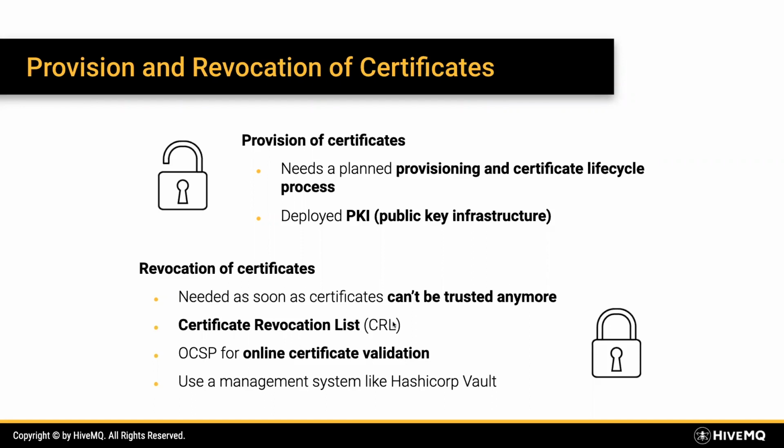But if this is not possible, you need a way to revoke certificates that are not trusted anymore. And this needs to happen as soon as possible. Two ways of doing that are certificate revocation lists, often called CRLs, or OCSP, the Online Certificate Status Protocol. And I would suggest using a system for that, like HashiCorp Vault or another enterprise-grade system that can be trusted with your certificate data.